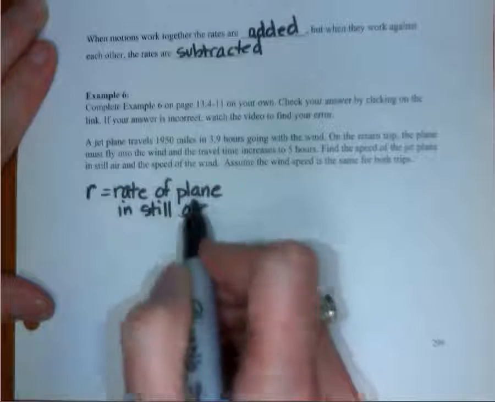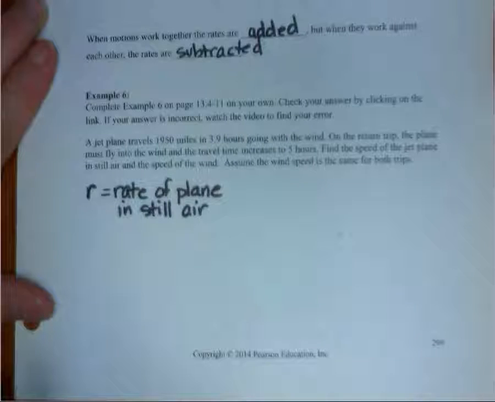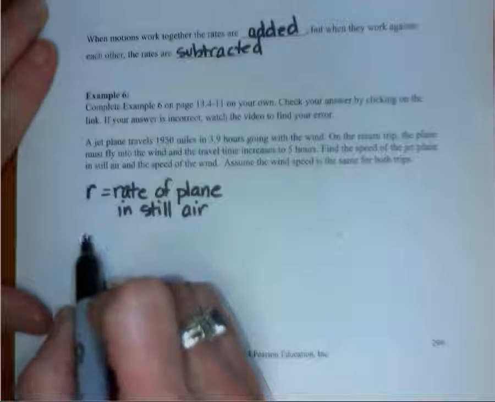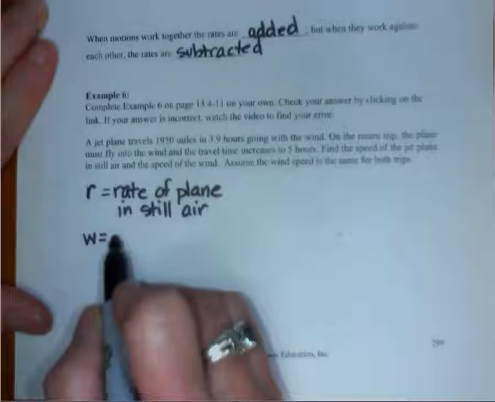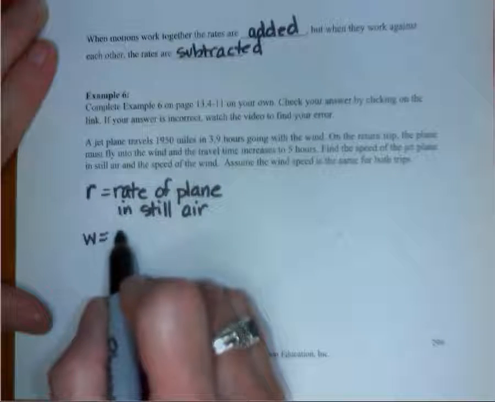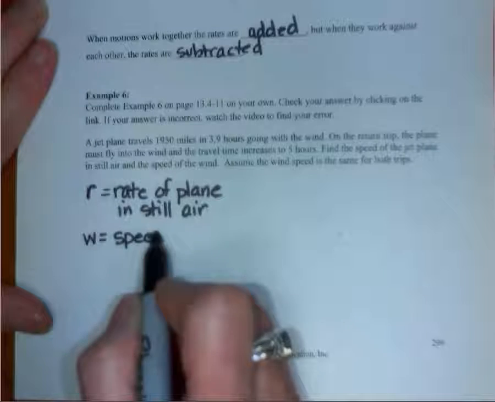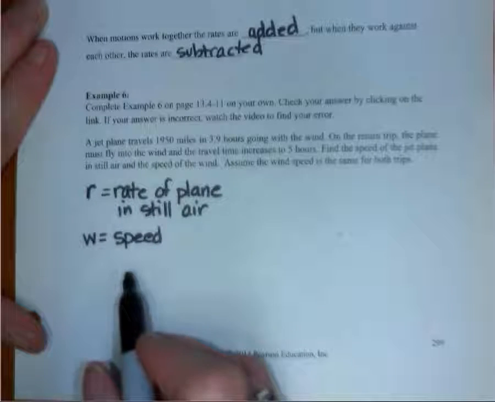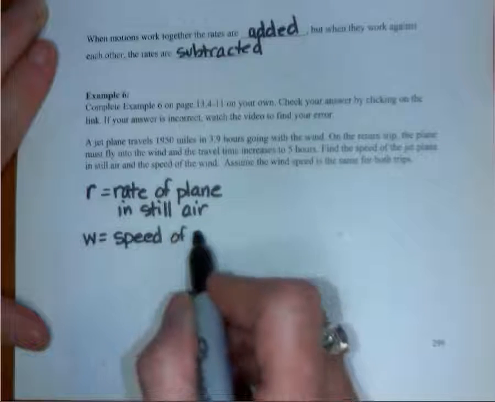So with no wind, that would be the speed of the plane. And then I'm going to pick another variable, W, to represent the speed or the rate, I can use the words speed and rate interchangeably, of the wind.